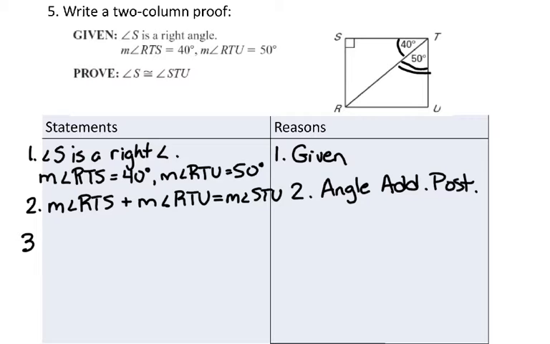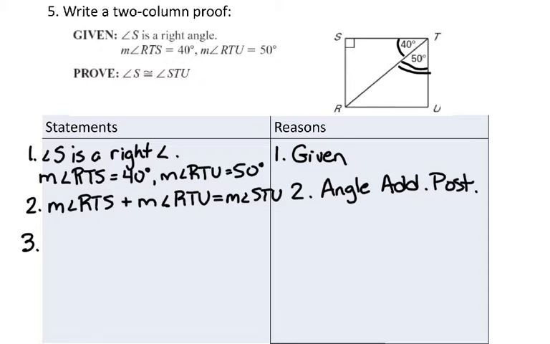Okay, now step number 3, I am going to use substitution because we have the measurement of angle RST, that's 40, and measurement of RTU, that's 50.